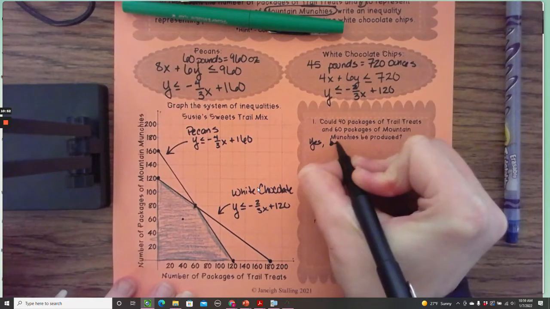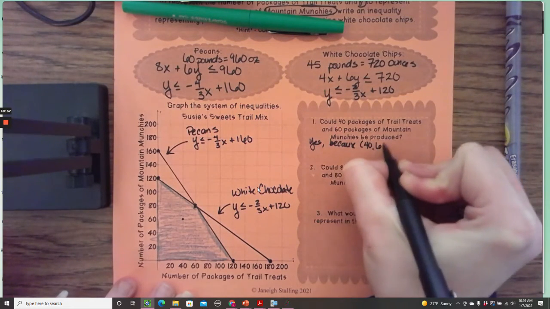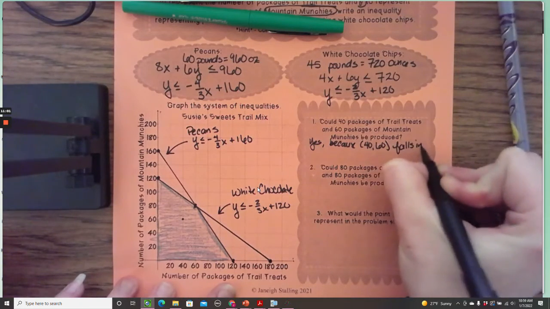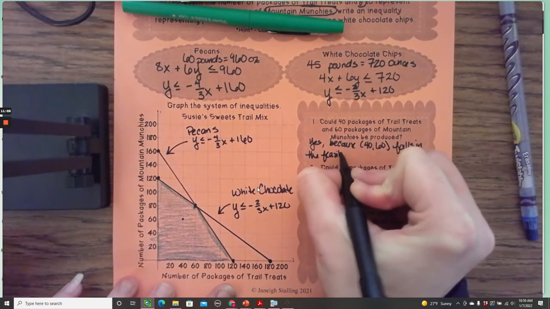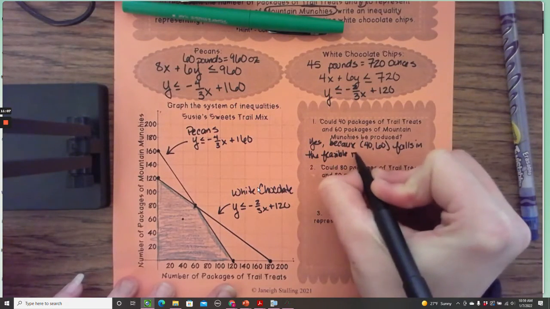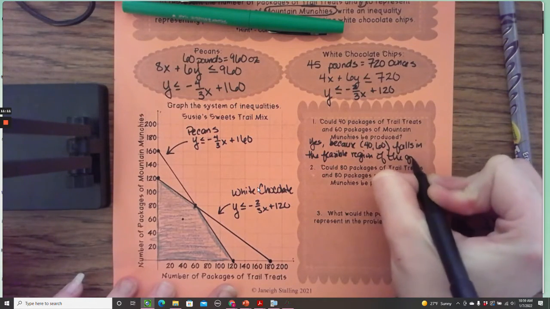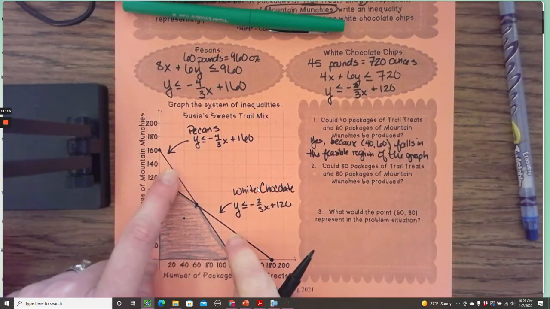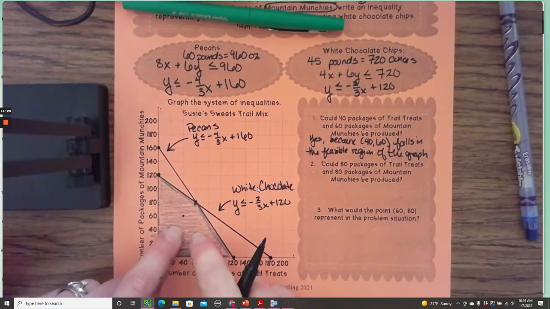So yes, because 40 comma 60 falls in the feasible region of the graph. And that's what that shaded section is. This right here, which if you shade each line a different color, is where those two colors overlap. That's the feasible region.